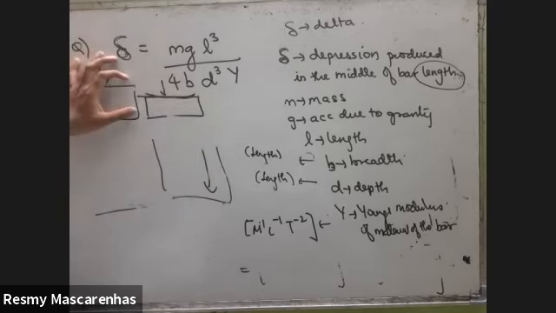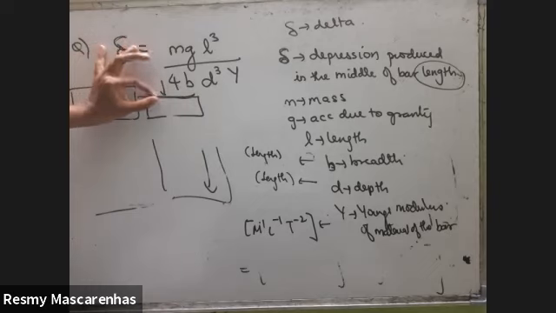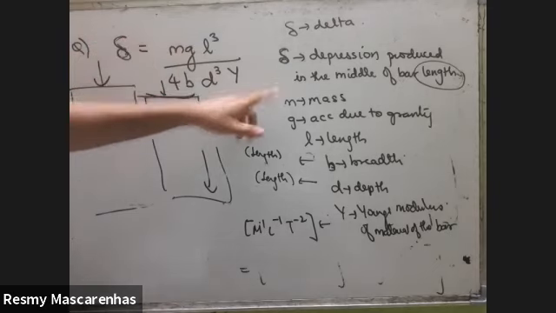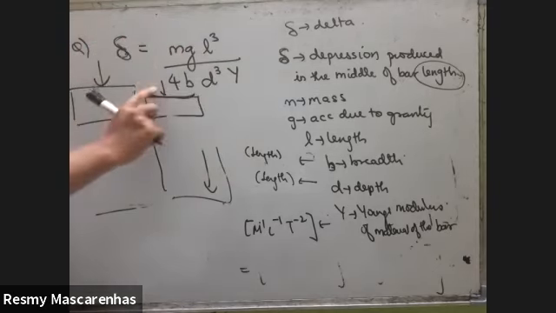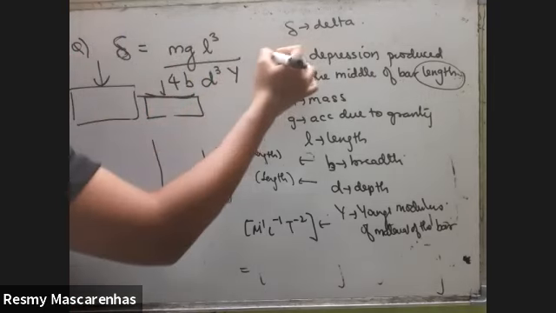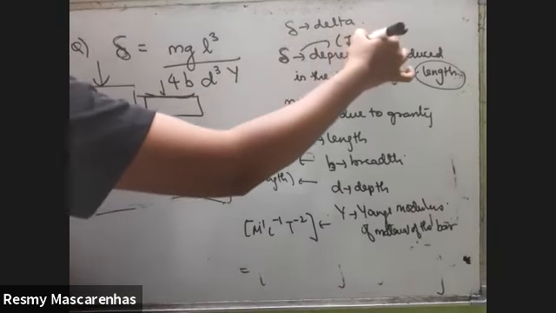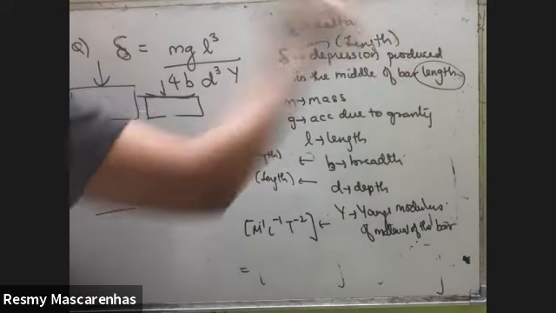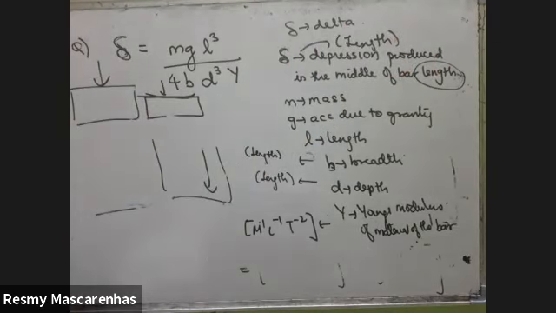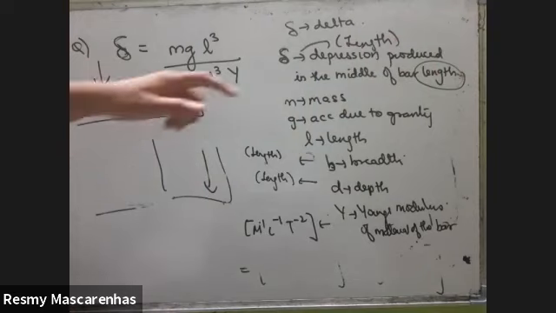So if this is 10 centimeters, how much depression? Obviously you'll be calculating in terms of distance. So depression also you have to take as length. So you have to substitute the dimension of length for depression. This is a hint.